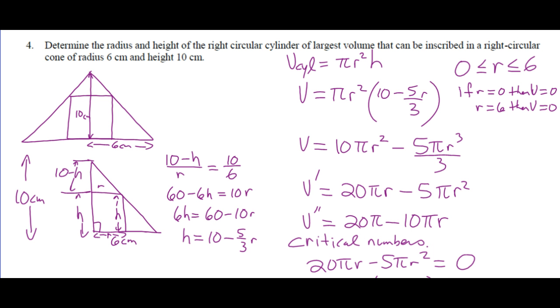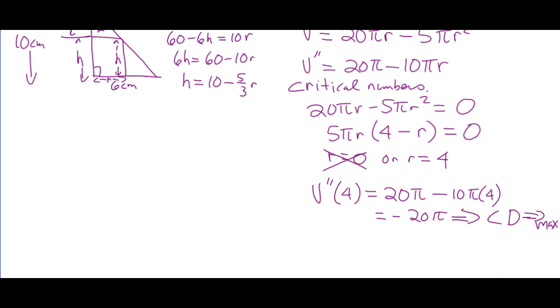Yes, the largest volume, a synonym for maximum, that could be inscribed, so determine the radius and height. We have the radius, and we've got an expression for height. So h is equal to 10 minus 5 times 4 over 3. So that's 10 minus 20 thirds, which is 10 thirds.